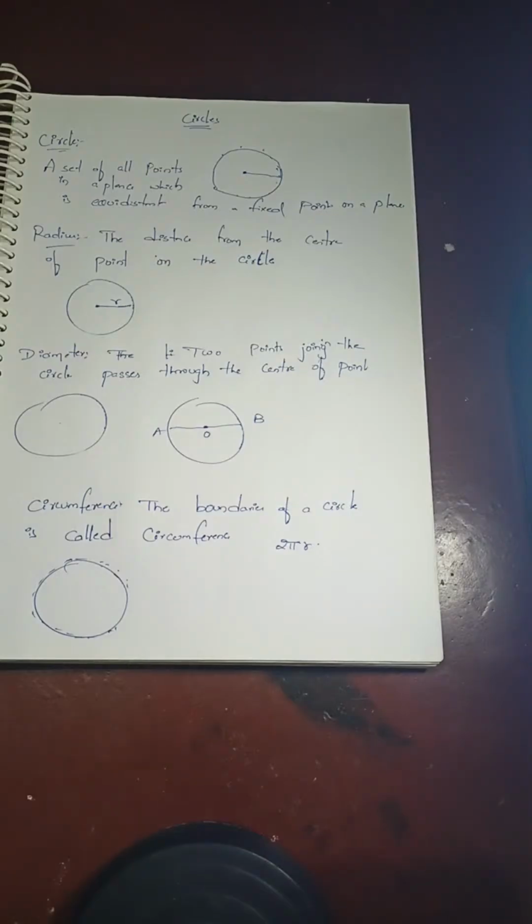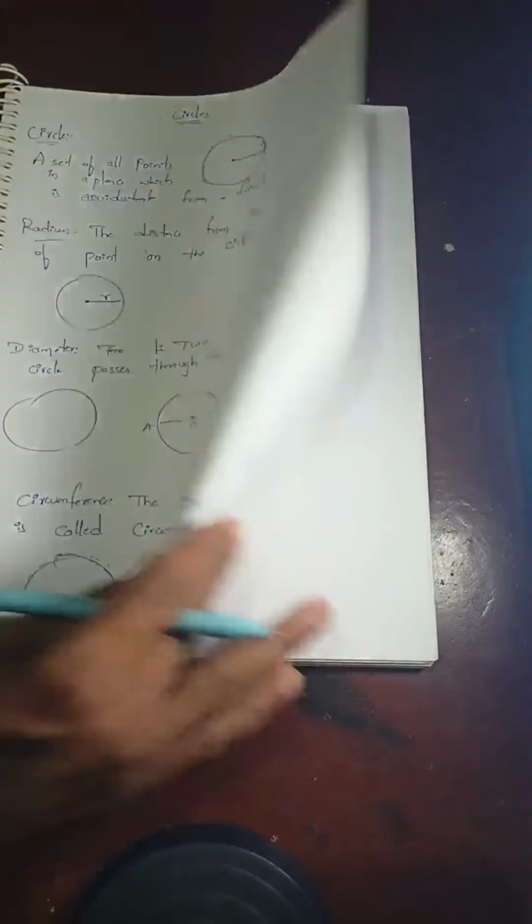So next we'll go for the remaining definitions. I'll write in a sequence. First we'll call this a chord. What is meant by chord, which is very important?